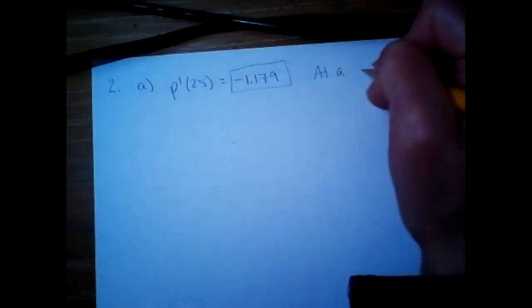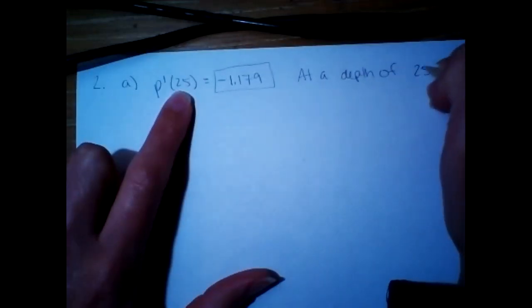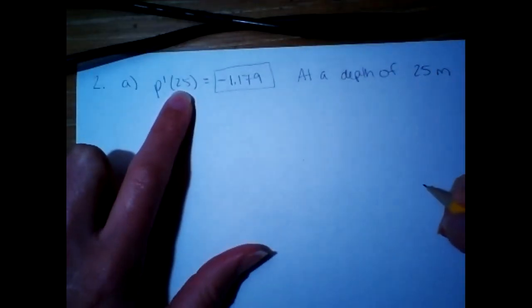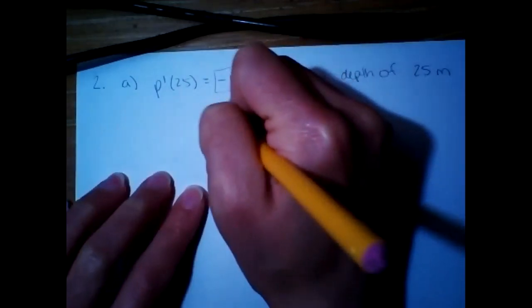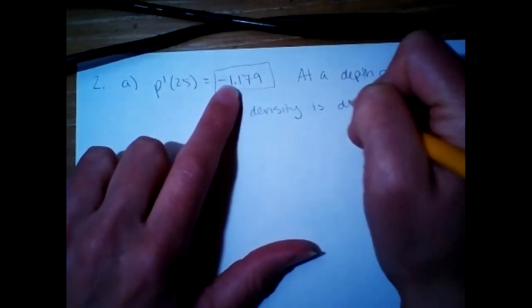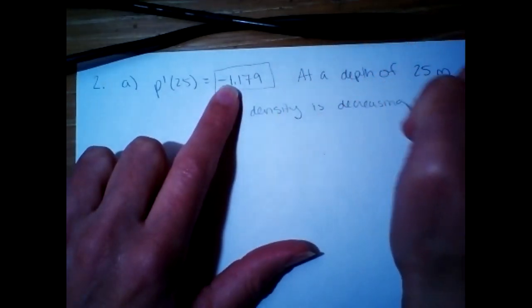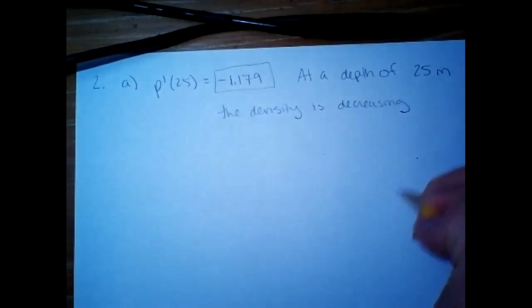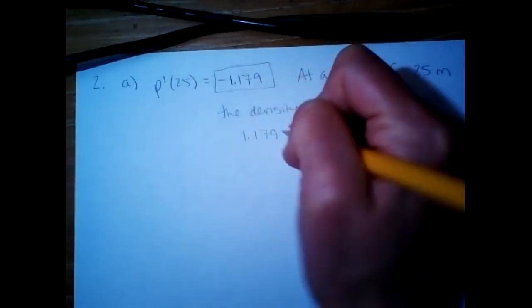So anyway, at a depth of 25 meters, that's what we plugged in, 25. So at a depth of 25 meters, the density is decreasing, because this is negative. So decreasing at a rate of 1.179, oh gosh, what was it, million cells?